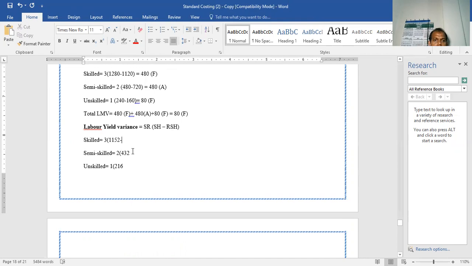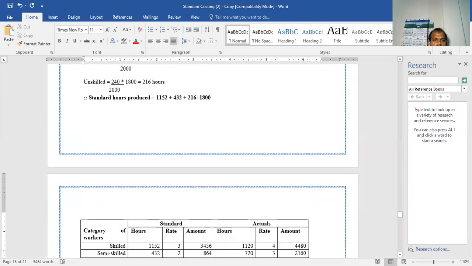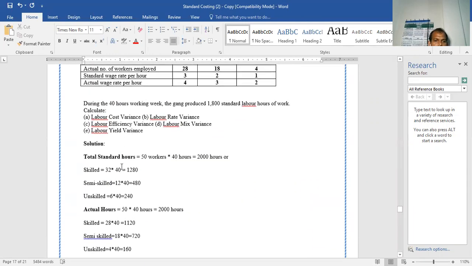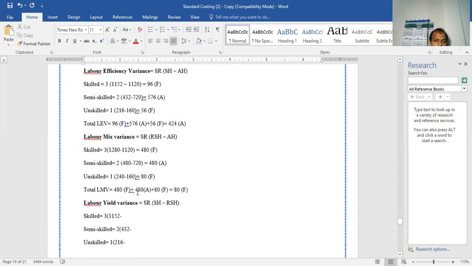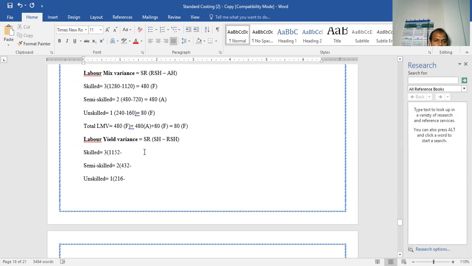Now revised standard hours are 1280, 480, and 240.